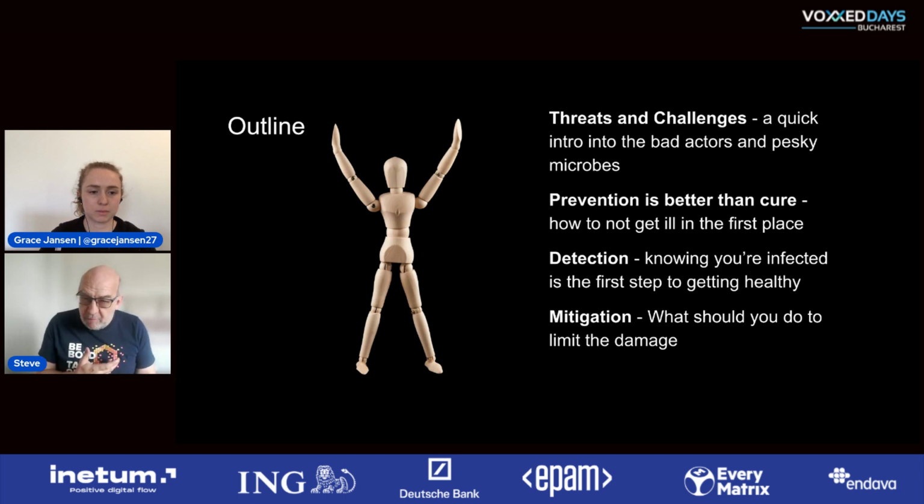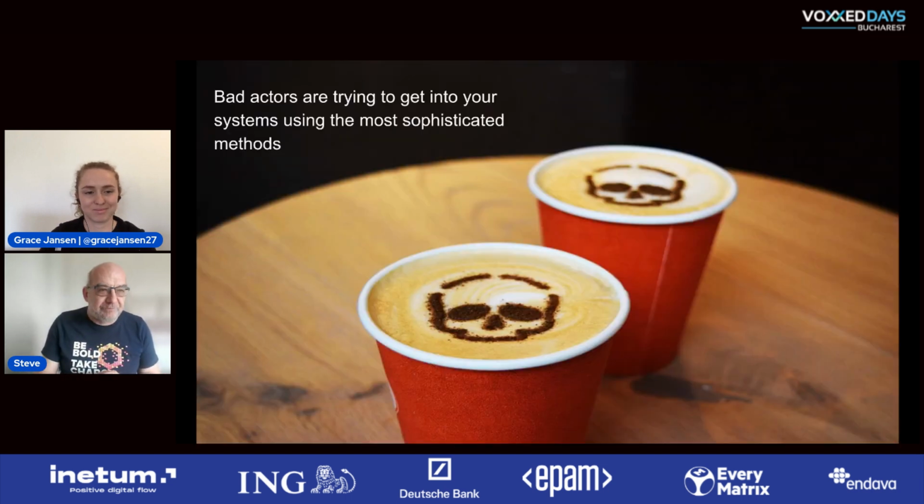Did you know? How do you know what they've done? What signs do you get? And then mitigation is not something you can really do after the fact, but it is something that you should be thinking about: if they do get in, how do you minimize the damage they can cause? And so we'll do those things, and we'll go wherever we go with this.